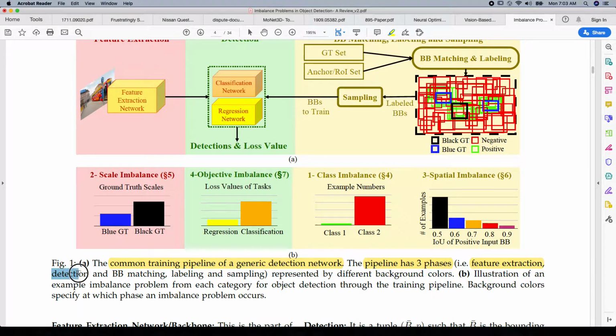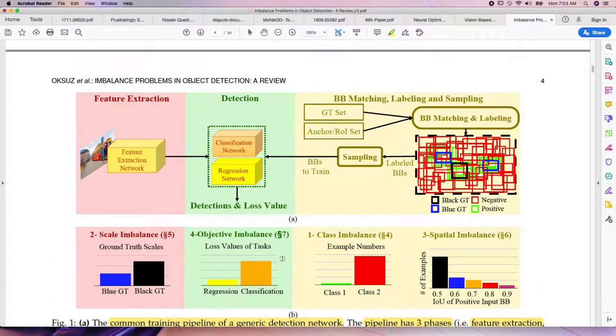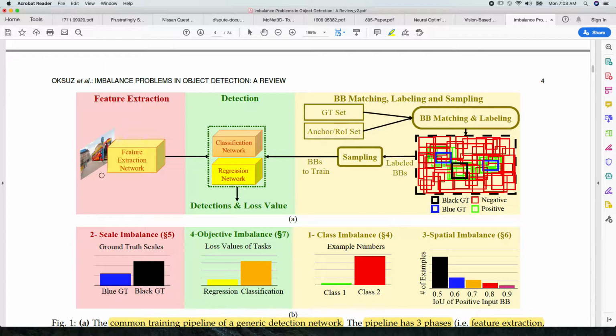Then you do the detection, then you also do the bounding box matching, labeling, and sampling. Now, what does this mean? You are given an input image which contains different objects. Some are your objects of interest, some you are not interested in.